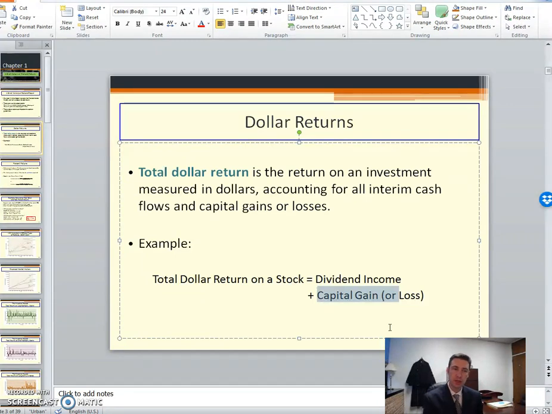Let's say you bought a stock for $10 and later on you sold it for $12. That $2 difference is what you call a capital gain. So one is the dividend income you receive from the company's earnings, and the second part is the capital gain you get from investing in it, from price appreciation.